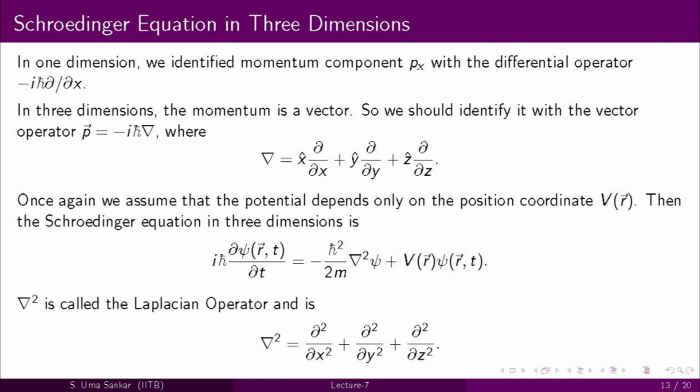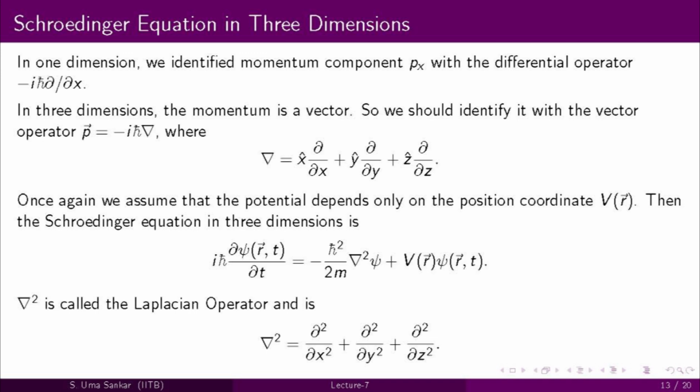It is called the operator del, and it is given by this inverted triangle. So, we identify the vector momentum with the operator minus i h-bar del.